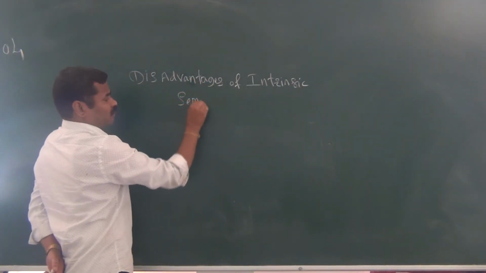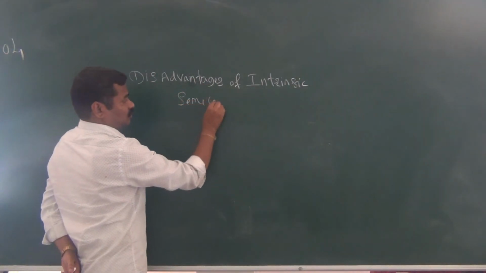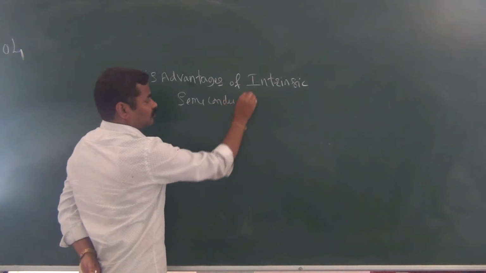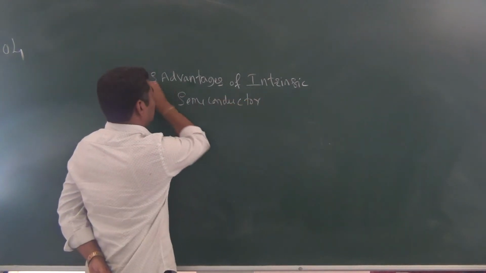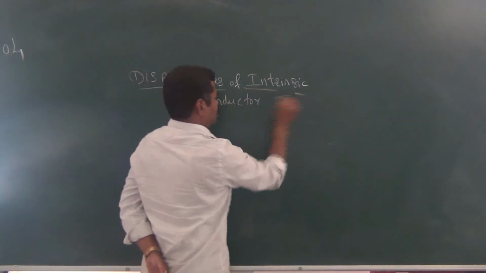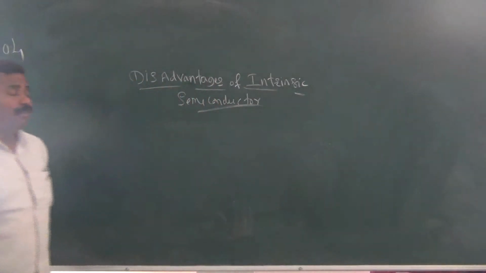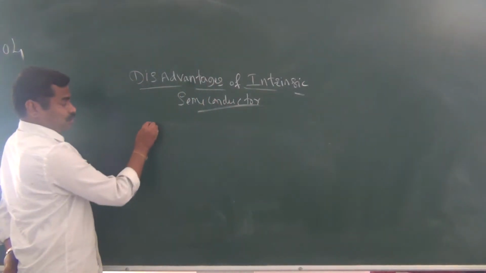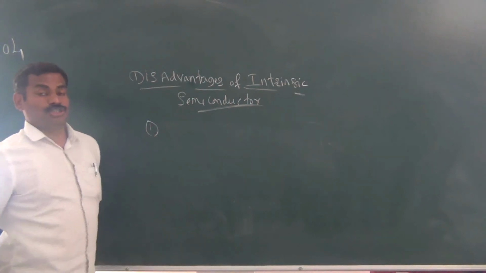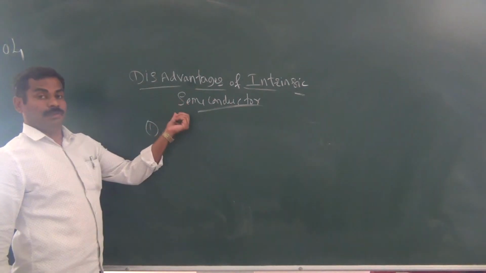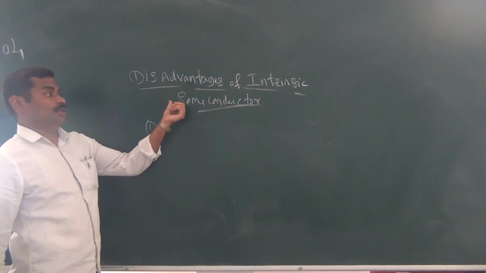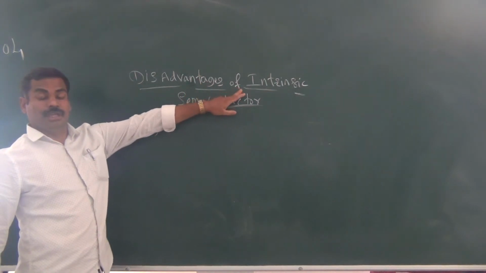Why are you not giving importance to the intrinsic semiconductor? One important thing here, now we discuss the most important thing, the drawbacks or limitations or disadvantages of the intrinsic semiconductor.